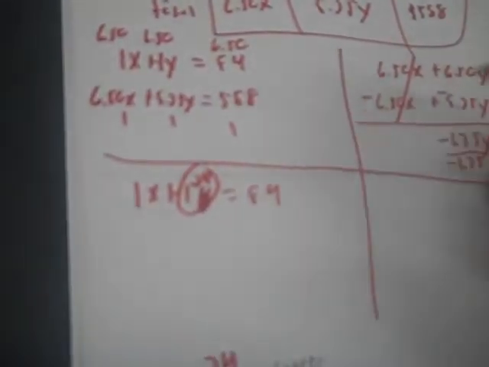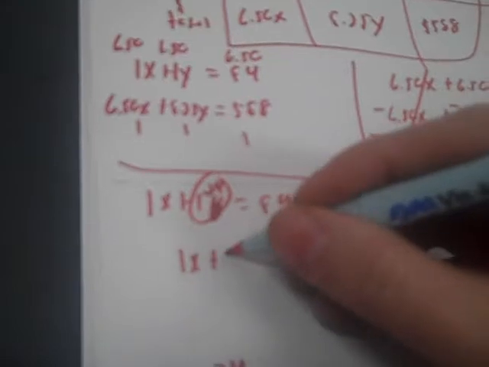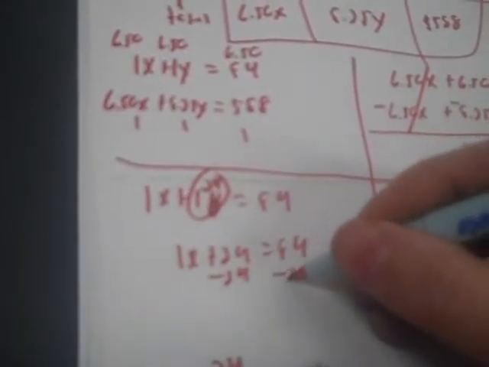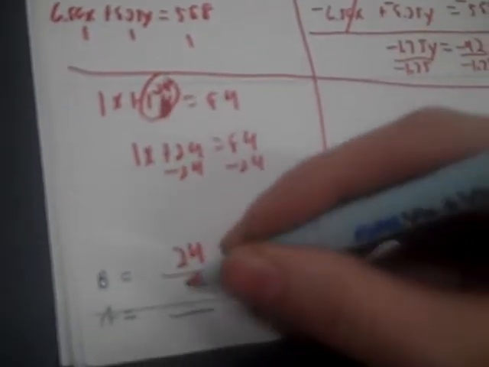So 1 times 24 is 24, so 1x plus 24 equals 84. Then I subtract 24, and that's 60. So pretty easy to get the answer there.